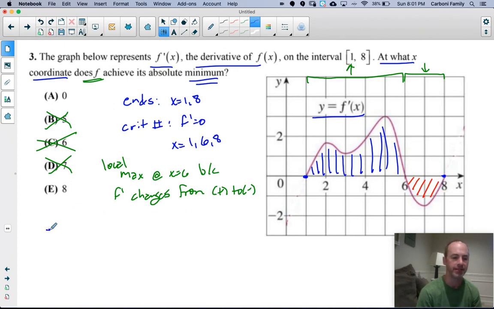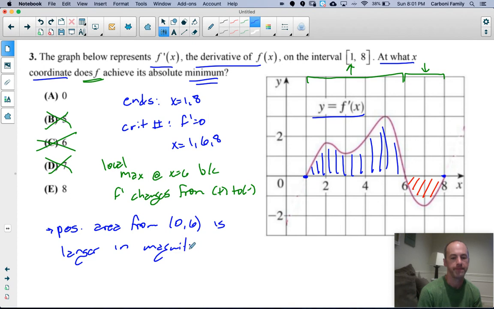And so by analyzing the area, I'm going to say the positive area from 0 to 6 is larger in magnitude than the negative area from 6 to 8.